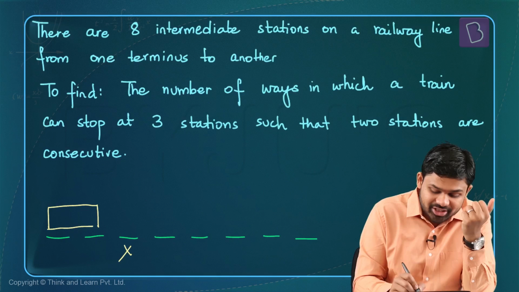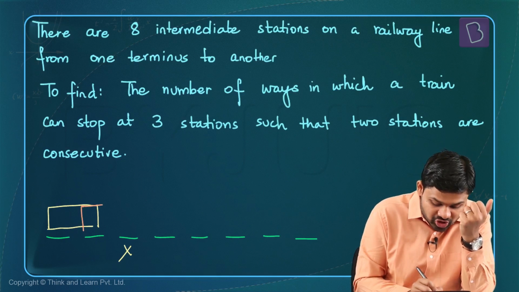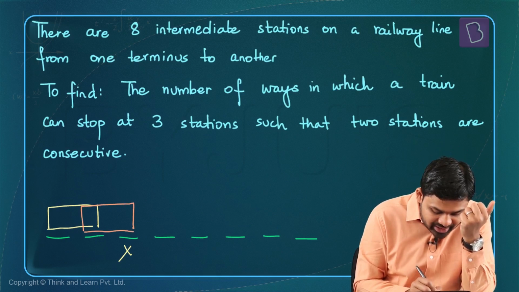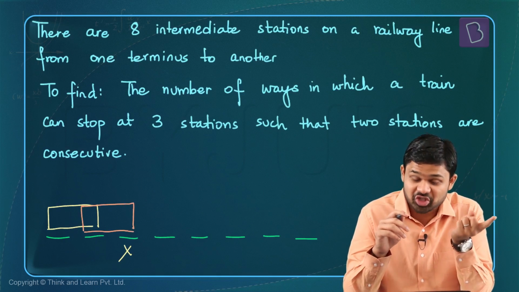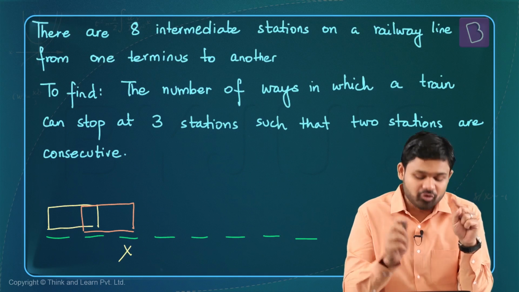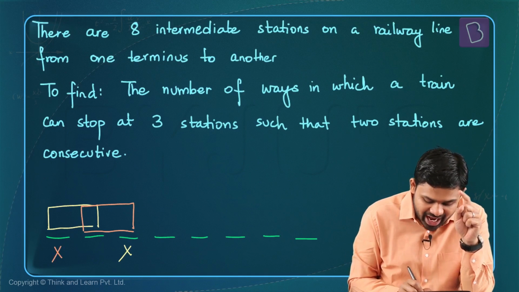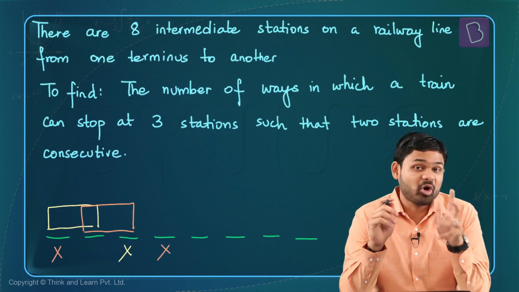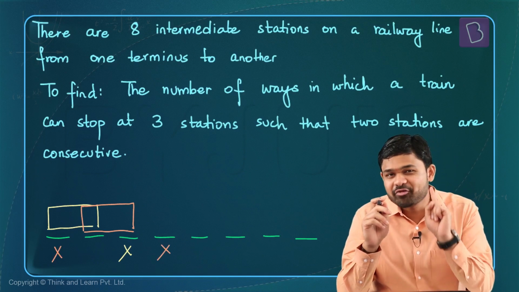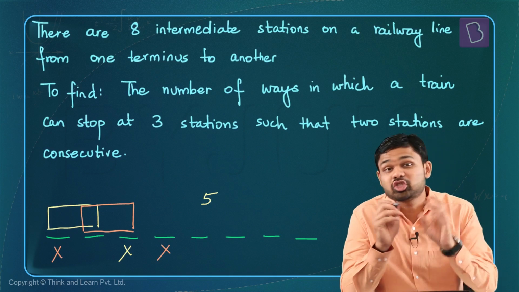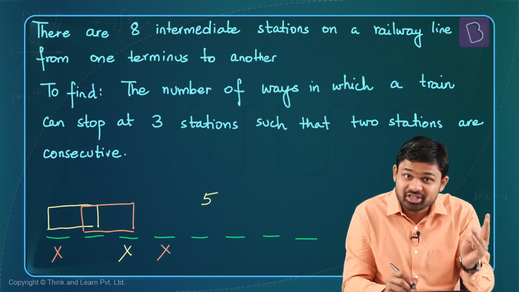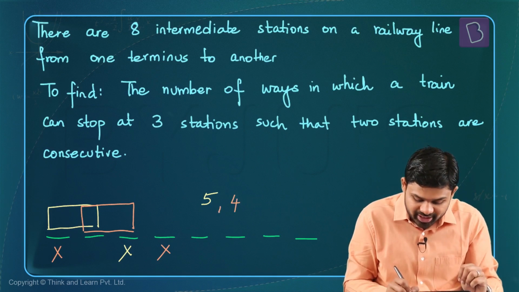What happens if the train stops at the next 2 stations? Well, then the train couldn't have stopped at the first station and cannot stop at the 4th station. So there are 4 different possibilities. So when the train stopped at the first 2 stations, there were 5 possibilities. When the train stopped at the second and the 3rd station, there are 4 possibilities.